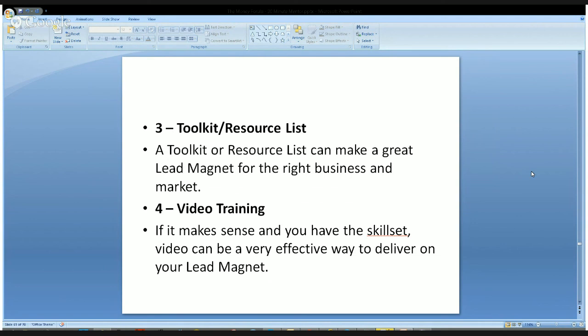If it makes sense and you've got the skill set, video can be a very effective way to deliver on your lead magnet. And while I started off by saying that videos are common and perhaps not the most effective, some videos are ultra effective. Particularly, you may have been involved in launch sequences, or not perhaps your own product, but you've gone through other people's and they've used a series of videos.